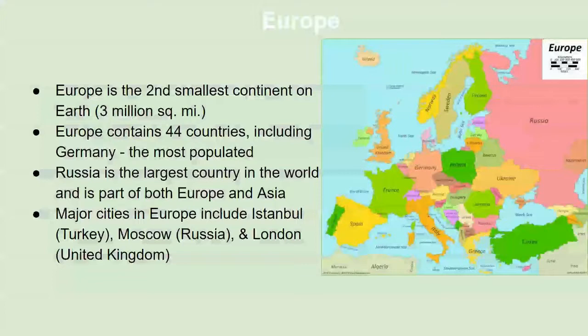But other things you should know about Europe, the most populated country in Europe technically is Germany. And I say technically because you could consider Russia to be the most populated country in Europe, but Russia is both a part of Europe and Asia. So it's kind of like, which one does it belong to? The reason that happens is because Russia is the largest country in the world by land area.